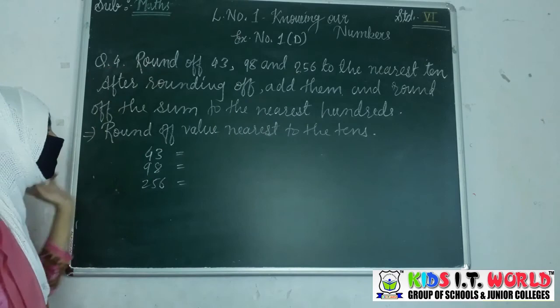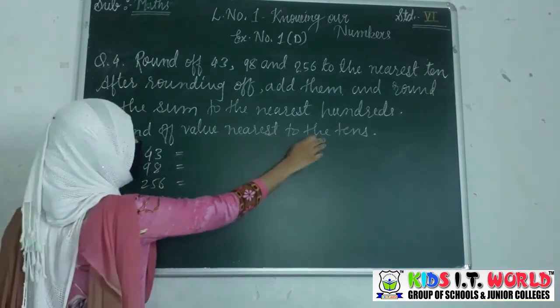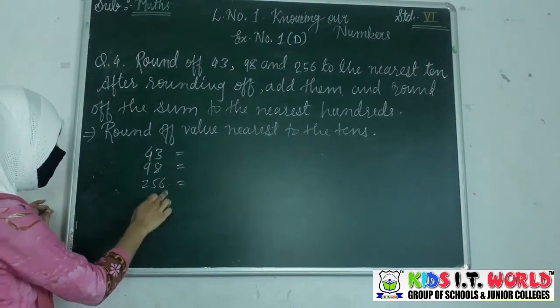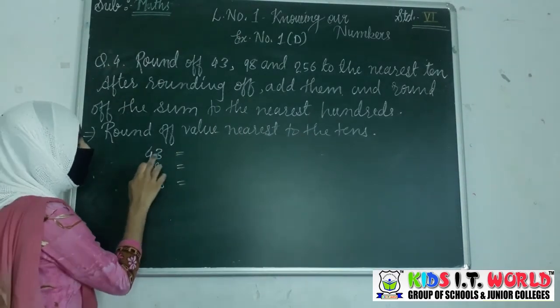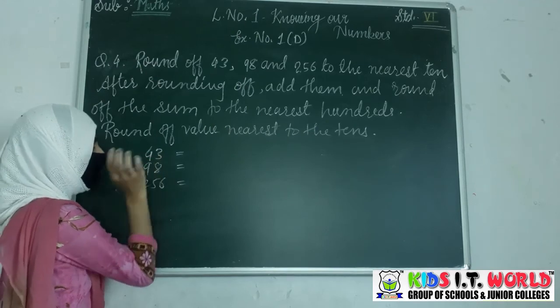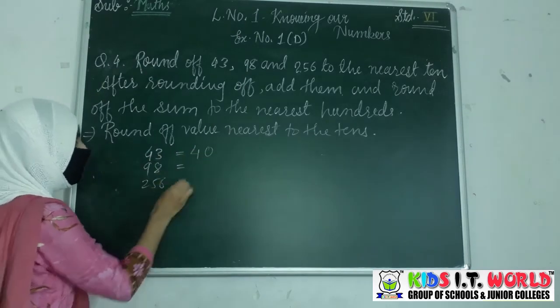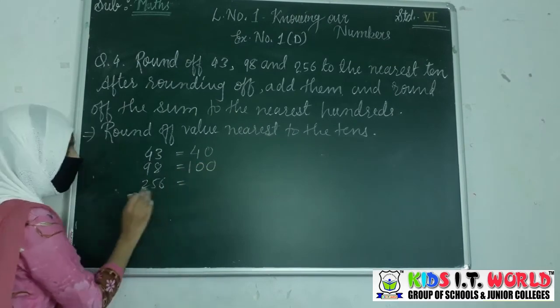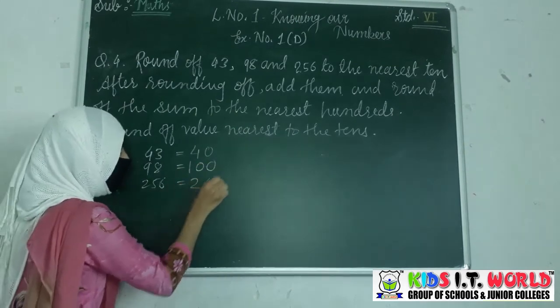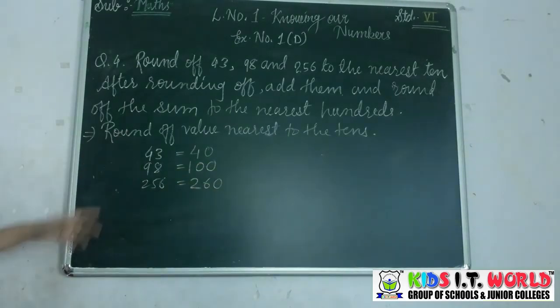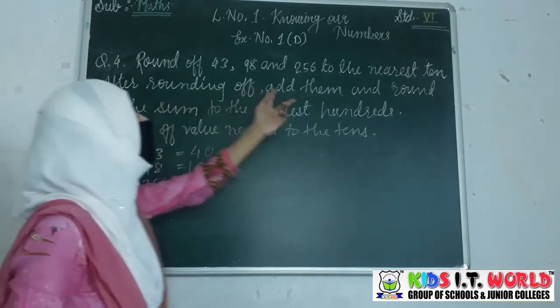So let's do the first step. First of all, round off the given values to the nearest tens. So here three values are given to you, 43. What will be the nearest tens value of 43? It will be 40. 98, it will be 100. 256, it will be 260. Here we got the rounding of value nearest to the tens. Now the next step, we have to add them.